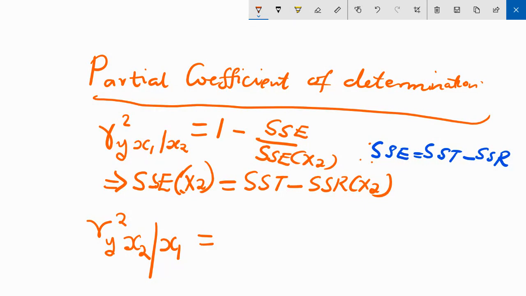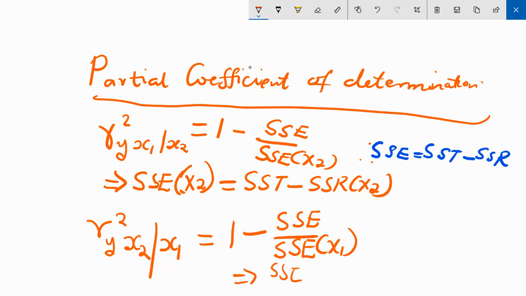It will be 1 minus SSE divided by SSE of X1. And then what is the formula for SSE of X1? It is SST minus SSR of X1.